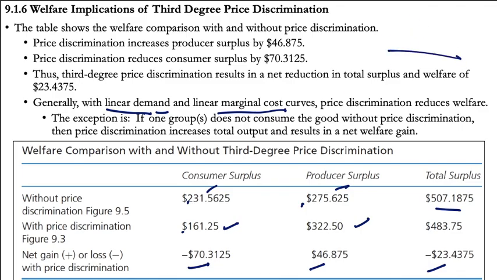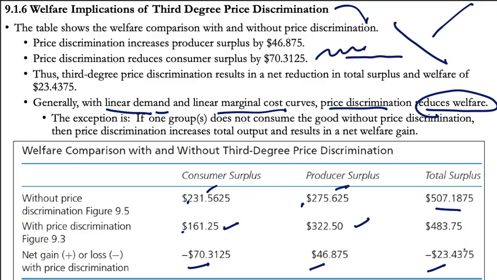Sorry, this is not perfectly linear. So you don't have something like this, you don't have something like this. So all of them are linear. For your study here, we don't teach you non-linear that much. Okay, so you can see that the price discrimination reduces welfare. How do you know? The net losses here.